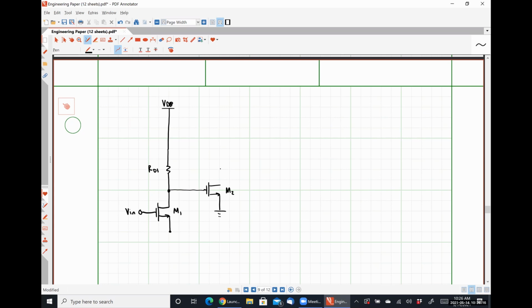This is transistor M2. This is transistor M3, that's resistor RD3. I'm also going to have a resistor here, RD2. Here is where my output current is.